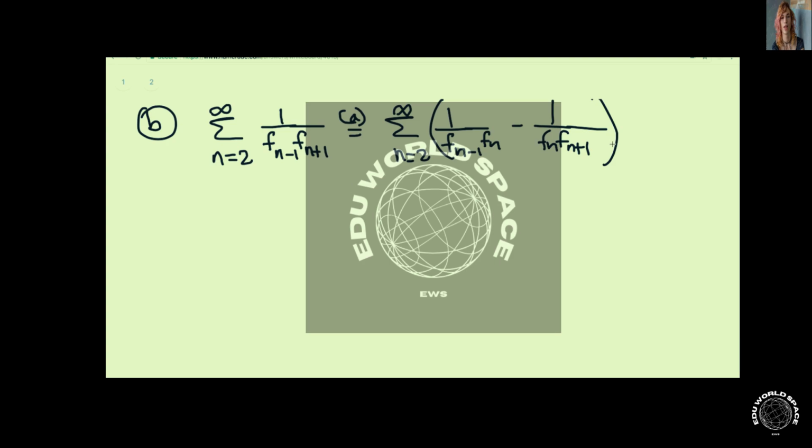Now let's do the telescoping. So first, I'll rewrite this as a limit as k goes to infinity, and then I'll look at the partial sum from 2 up to some number k.